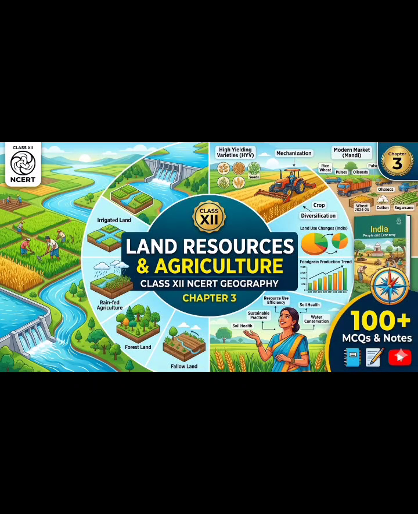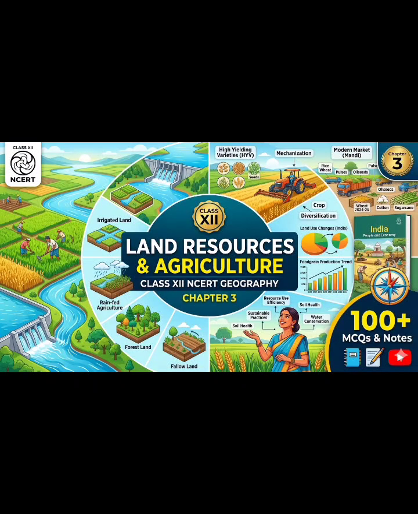And the next point is common property resources. Land, according to its ownership, can broadly be classified under two broad heads, that is private land and common property resources. While the former is owned by an individual or a group of individuals, the latter is owned by the state, meant for the use of the community.